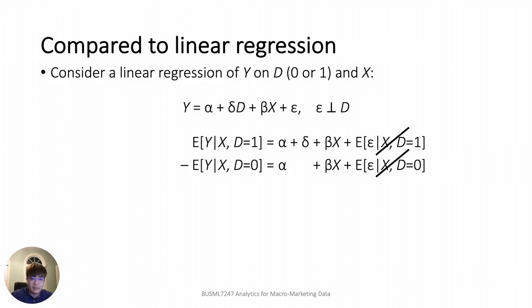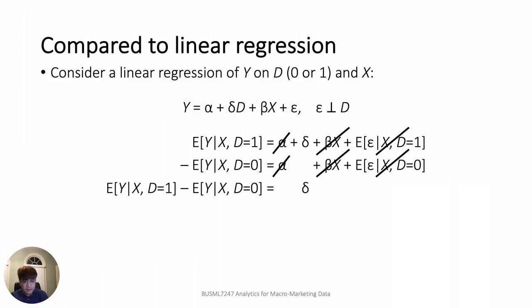Because the error is independent of the assignment, the two conditional expectations of the error are the same and cancel out. And all the other common terms cancel out as well. The average difference observed becomes just delta, which is the same as the causal effect of the treatment.